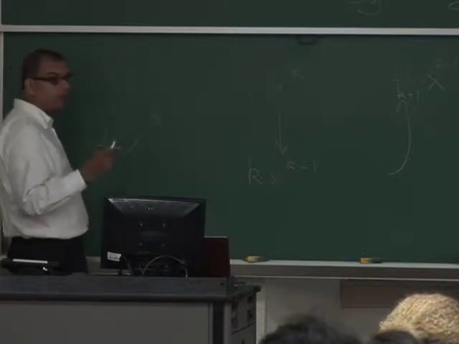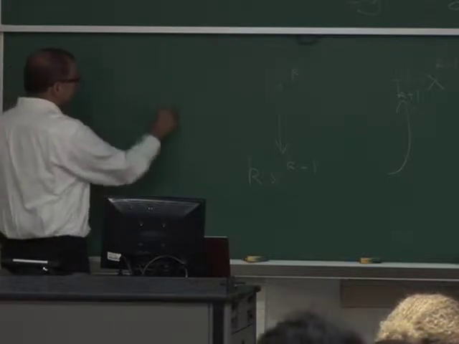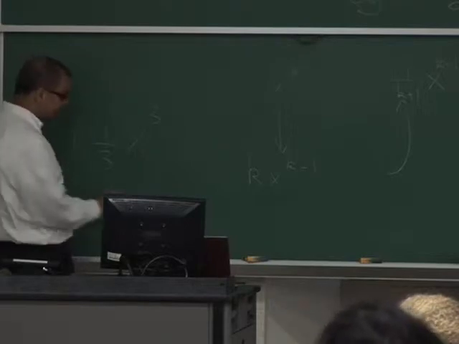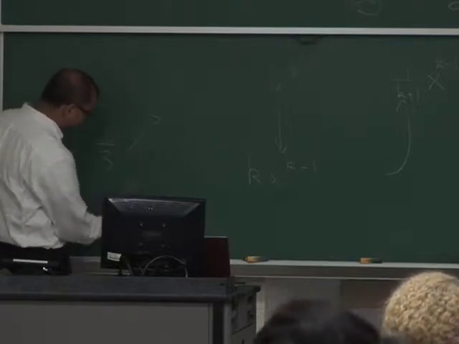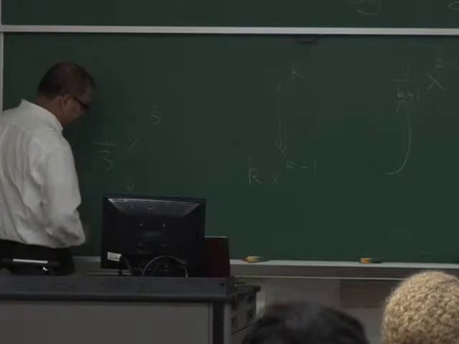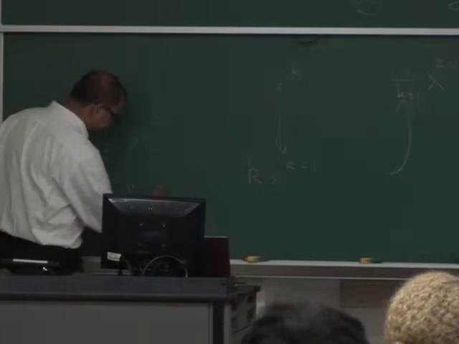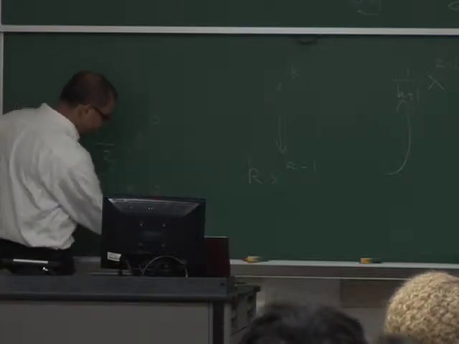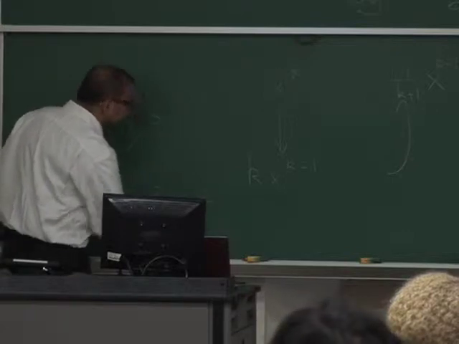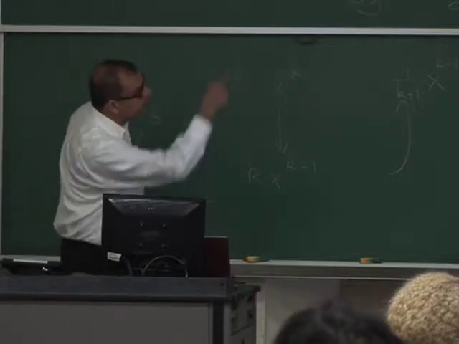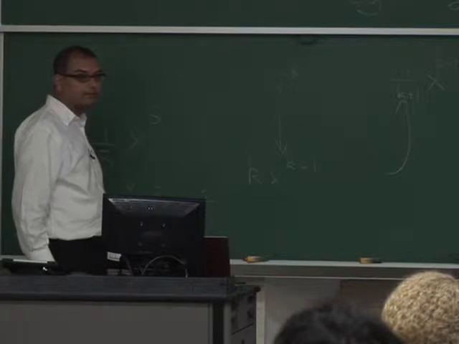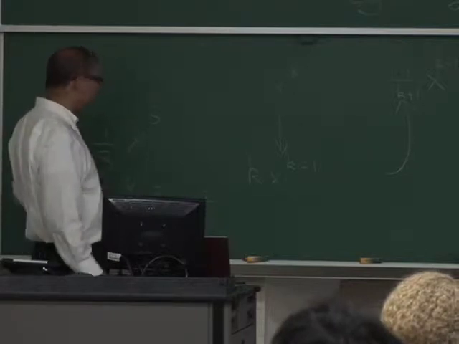And you can always check: if I take the derivative of this, that's going to be 3 over 3 times x squared, which is just x squared, which is what I had when I started out. So always do that check.